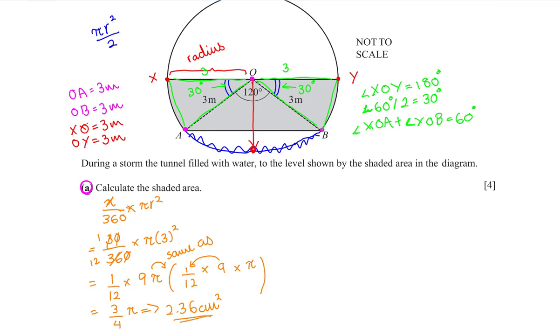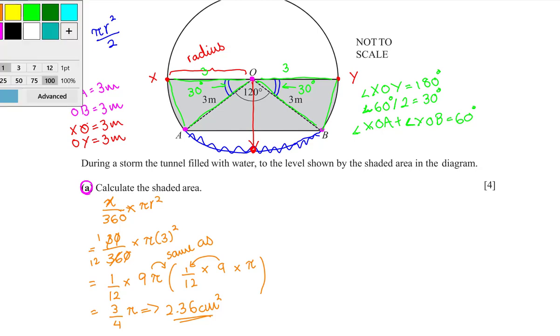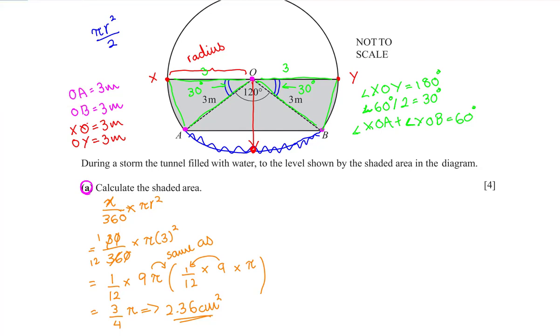Now remember, we have two sectors, so to give the full answer we multiply this by 2. 2.36 multiplied by 2, you're going to get 4.72 centimeters squared.